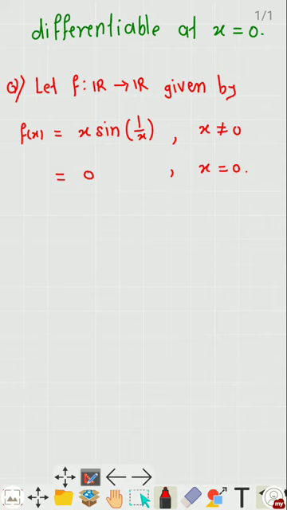Show that f is not differentiable at x equal to 0.